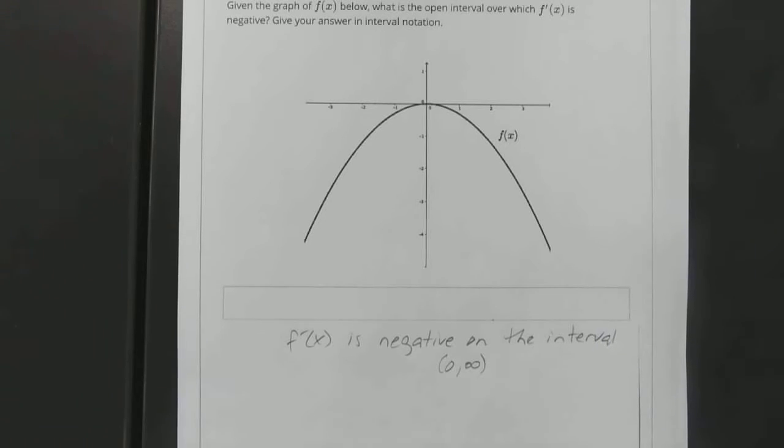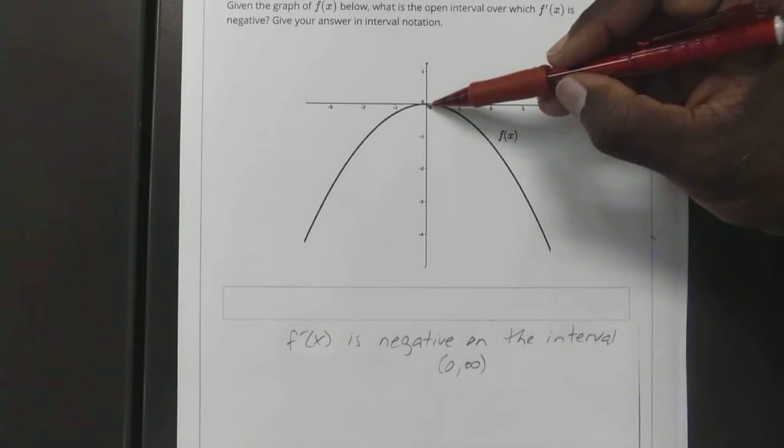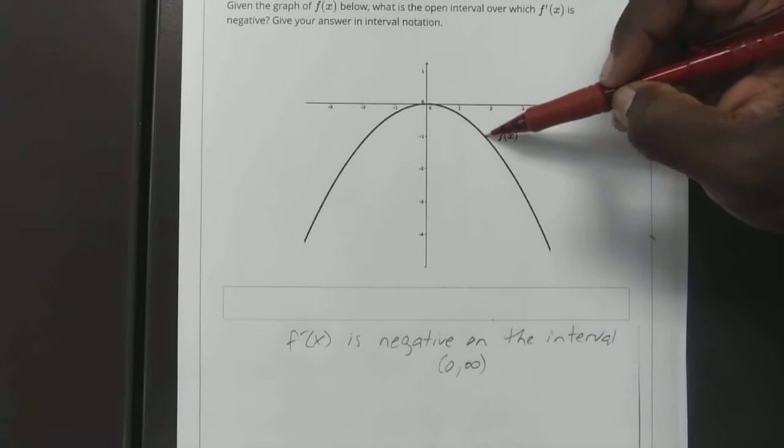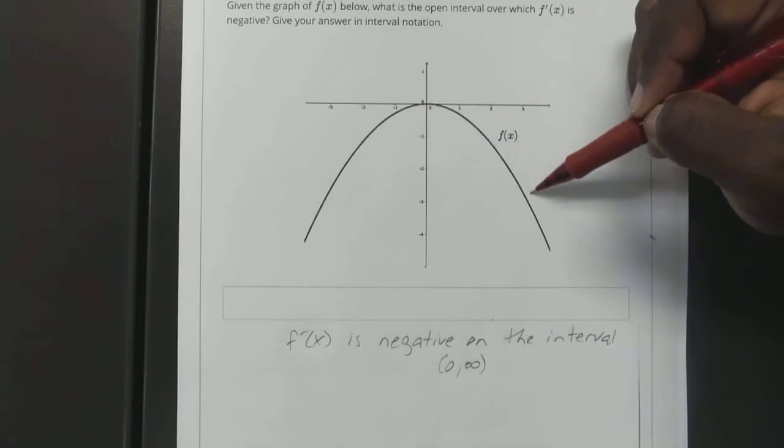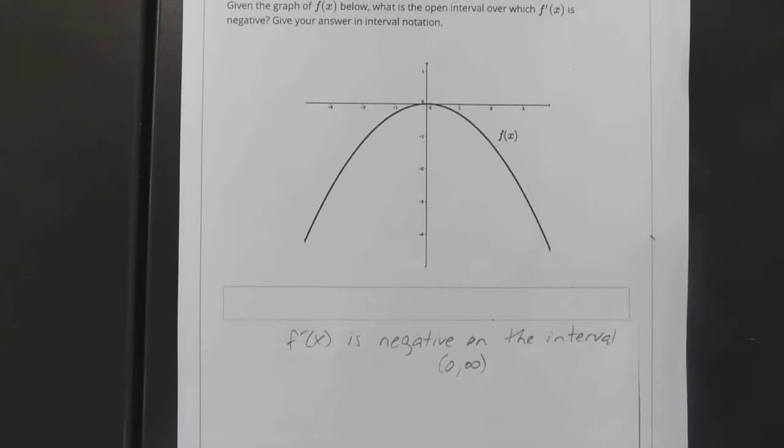You said the slope is negative from 0 to infinity. Yep, because it's decreasing from here, so the slope is going to be negative.